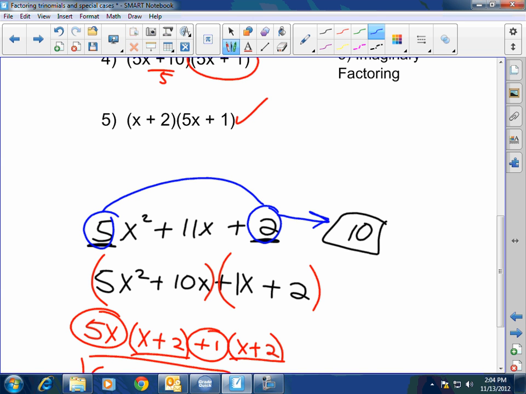Then you have to ask yourself, what times what gives me 10, but when added together gives me 11x? So you still have to ask the same questions. You take your first term, your 5x, you add 10x to that. Then your last term, you leave it last, and you add the other 1x, because 10 times 1 is 10, but 10 plus 1 is 11. And then from there, you can group it. Does that make sense for those of you that like grouping?